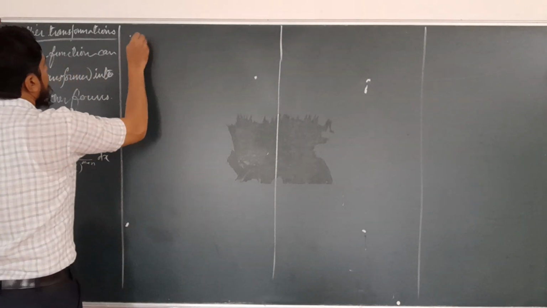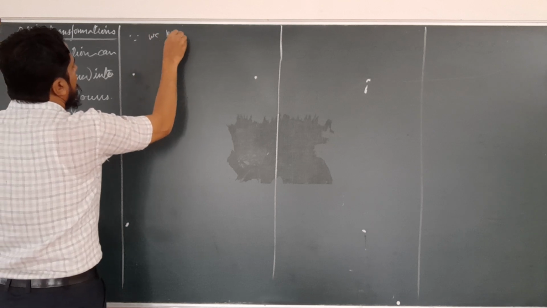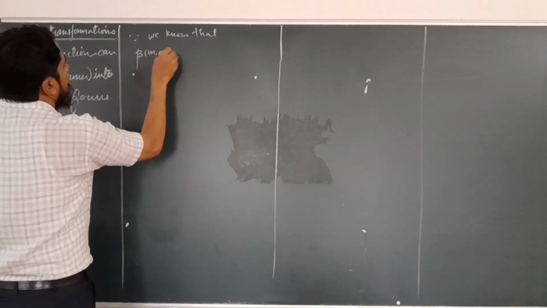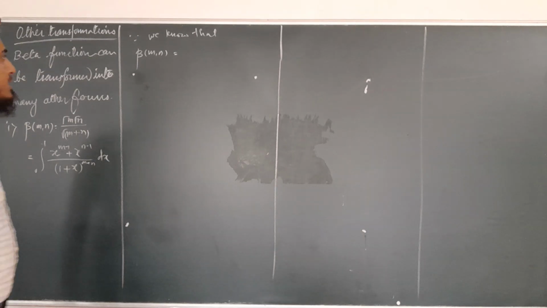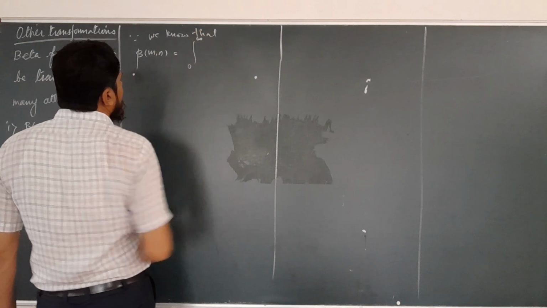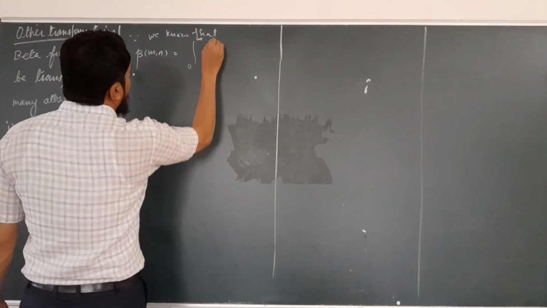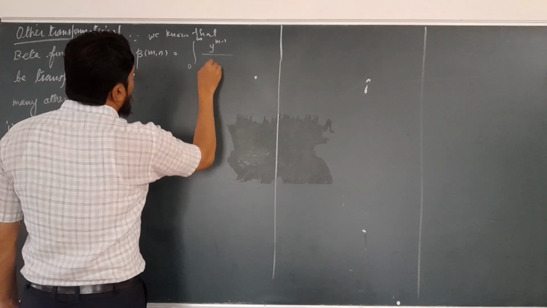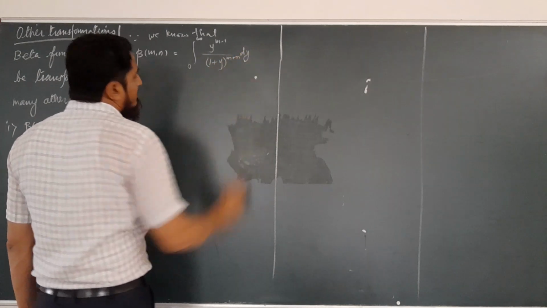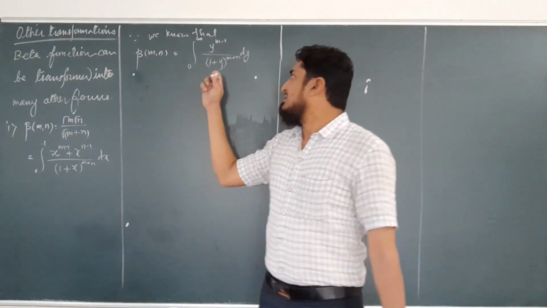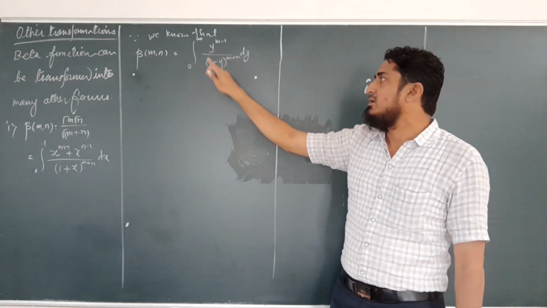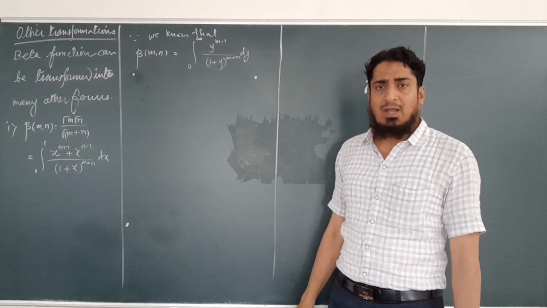Since we know that beta of m, n, written in variable y, is integration from 0 to infinity y raised to n minus 1 upon 1 plus y raised to m plus n dy. We have already seen this relation.